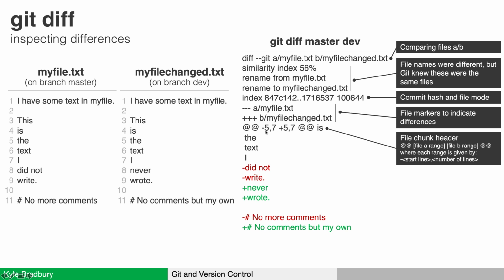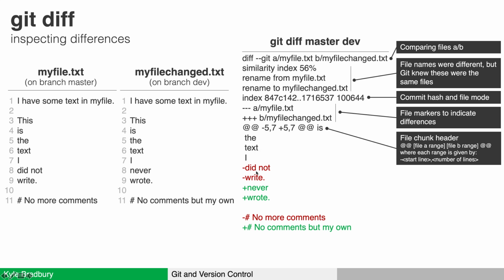So if we look at file A, it starts at line 5 and goes for 7 lines, which is through line 11 here. So the text: I did not write, no more comments. If you look here, all of that text is there. That's the chunk.